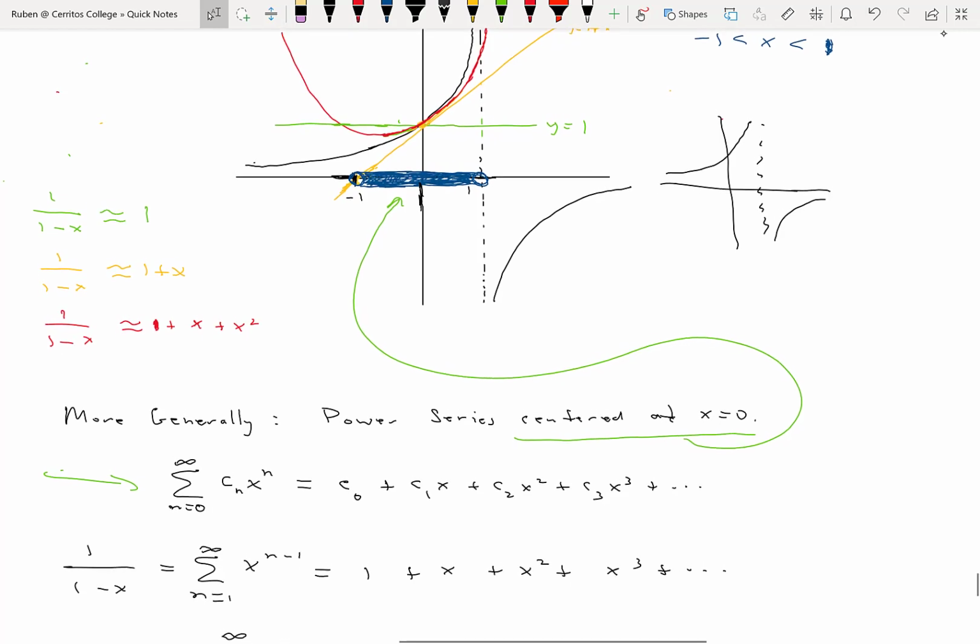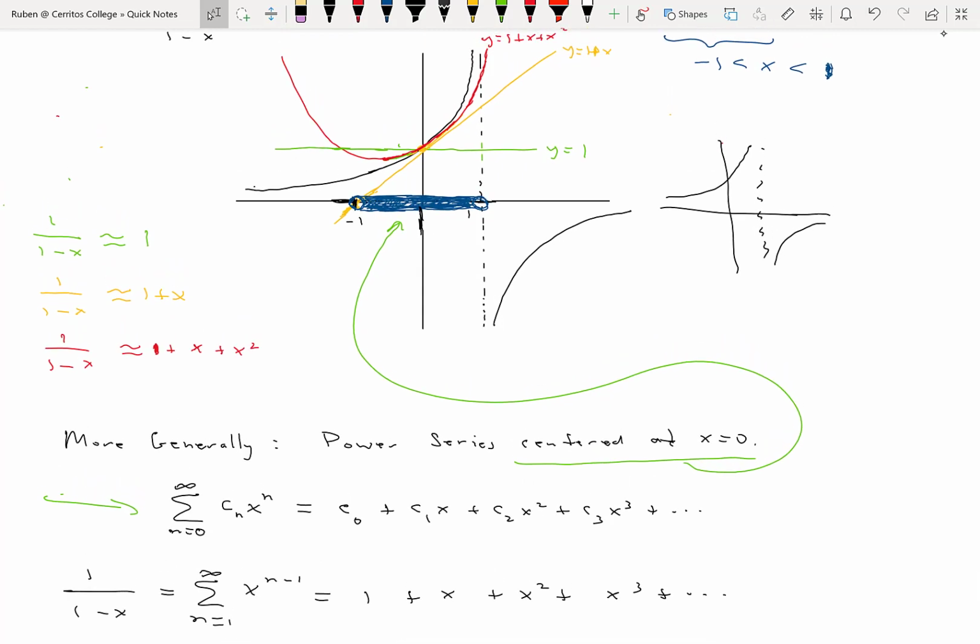Focus right now on the written out version: 1 plus x plus x squared plus x cubed, etc. In fact, you can think about that first term as x to the 0, plus x to the 1, plus x squared, plus x cubed. I can write this in a new form with sigma notation.